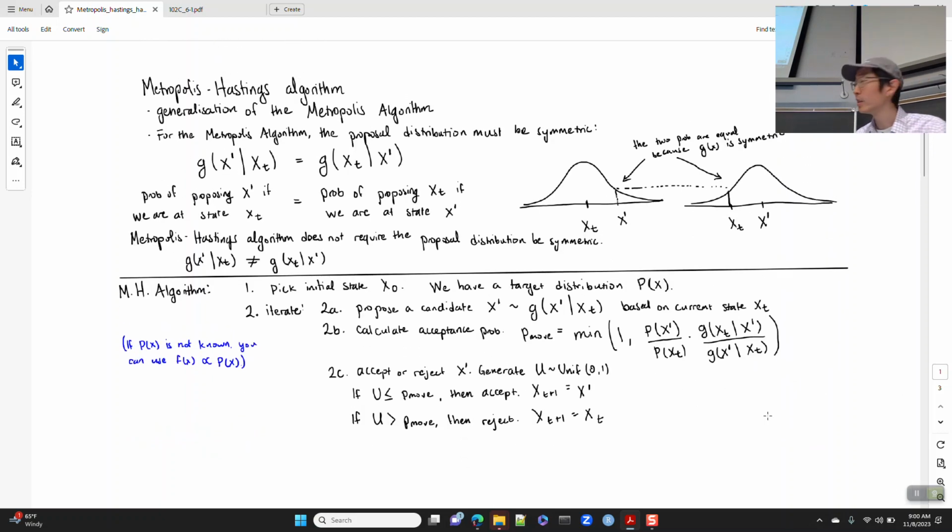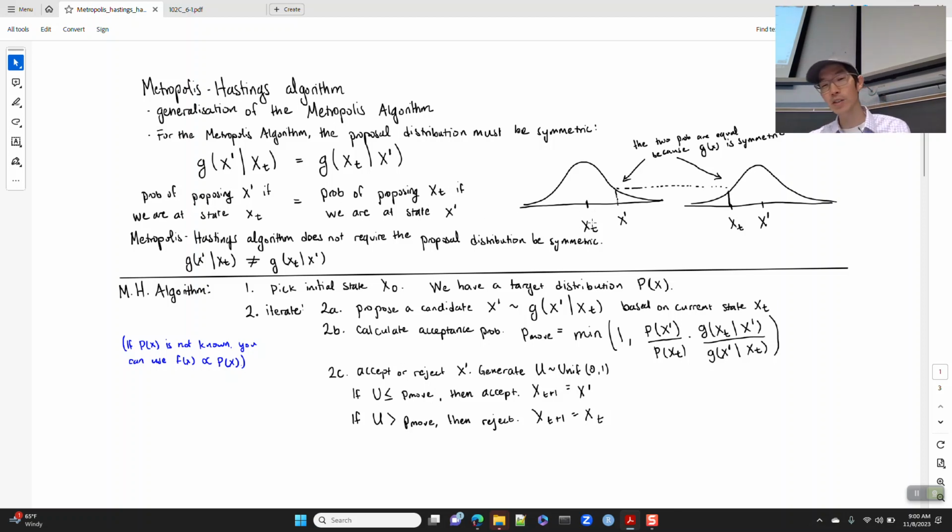With the Metropolis algorithm, the proposal distribution has to be symmetric, that g of x prime given x at time t is the same as the probability of proposing x at time t if we're currently located at x prime. So the probability of proposing x prime if we are at state xt is equal to the probability of proposing xt if we are at state x prime.